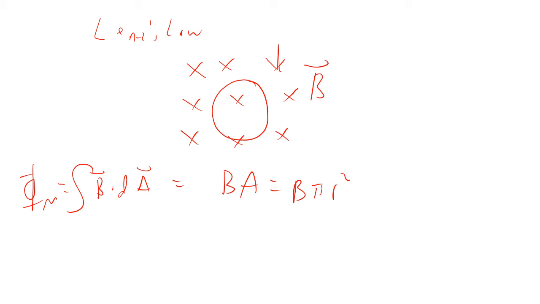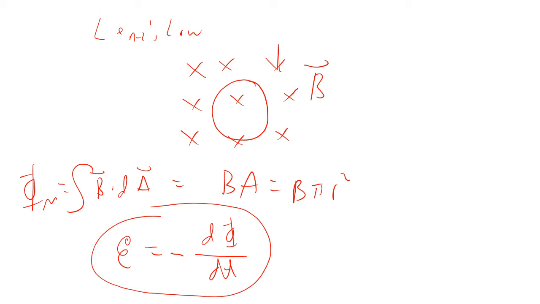If I decrease the magnetic field, we know there's going to be an EMF, proportionate to the rate of change of the magnetic field. We kind of derived that last time. So we put a minus in there. The minus is Lenz's law.